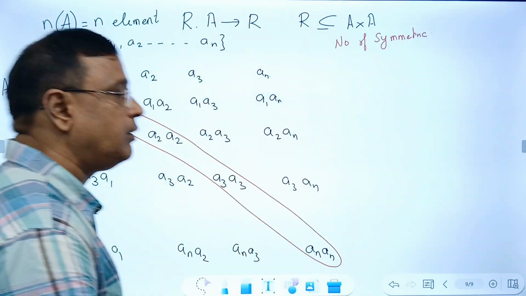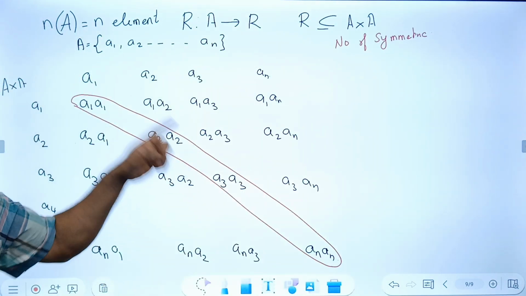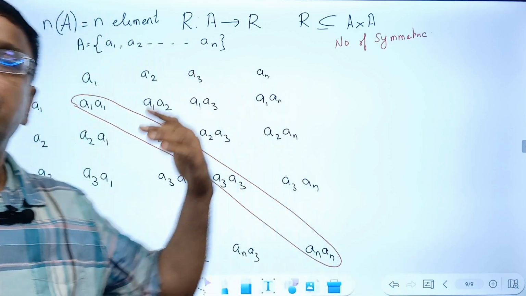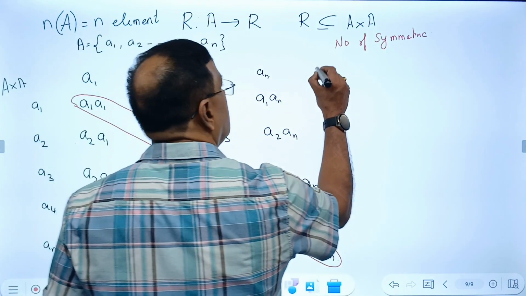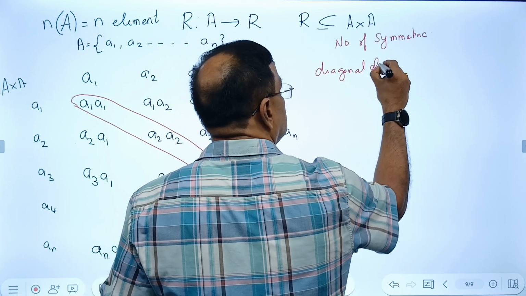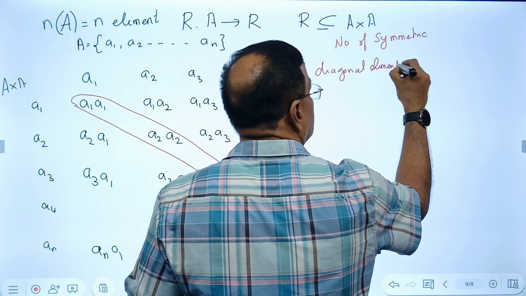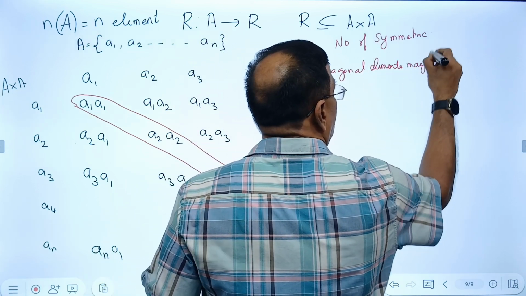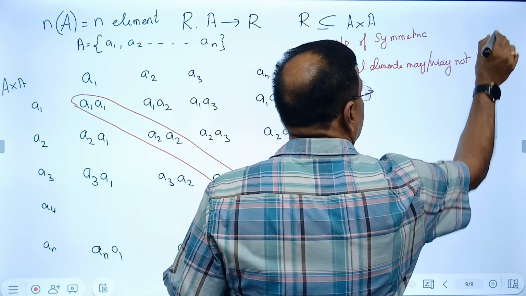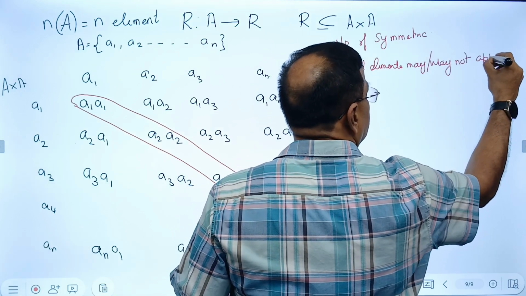Number of symmetric relations. For a symmetric relation, the diagonal elements may be present or may not be present. The diagonal elements may or may not appear. It doesn't matter.